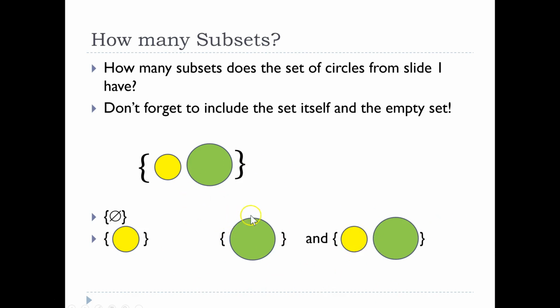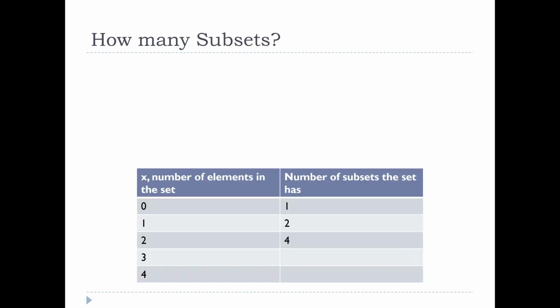And this is another reason to think that it makes sense that the empty set is a subset, because we have the 0 element sets, we have the 1 element subsets, and then we have the 2 element subsets. So it's like counting the size of things. So let's write that down in this chart here. If we have a 0 element set, it has 1 subset.